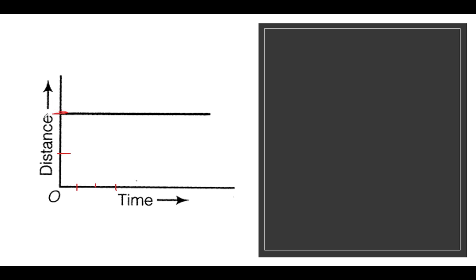Let's say this is 10 meters. The position is not changing with the reference point O or the origin. So time is increasing, but the position of the object is not changing. And this is only possible when the object itself is not moving. Object is at rest. So this graph represents when the object is stationary and not in motion.